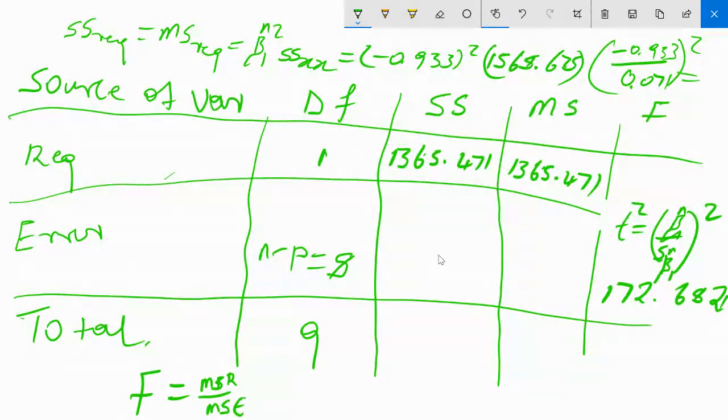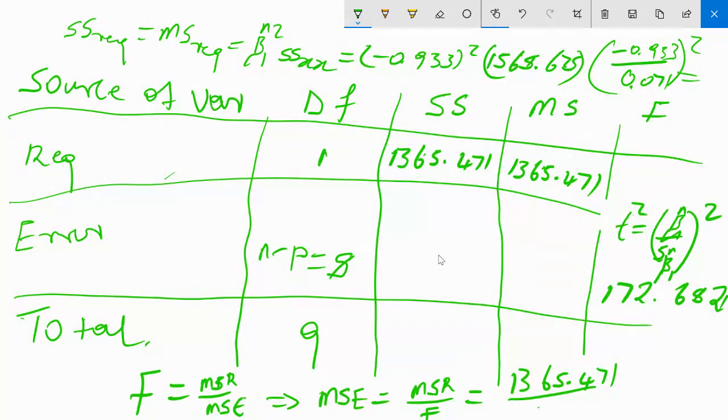If you make MSE the subject of the formula, it means our MSE is nothing but MSR divided by F. And our MSR is there. Now we have calculated it, divided by our F, which is 172.682. And if you press your calculator, you are going to get 7.907.